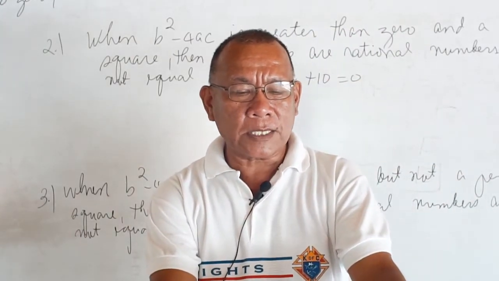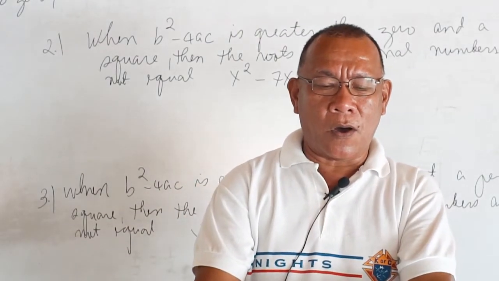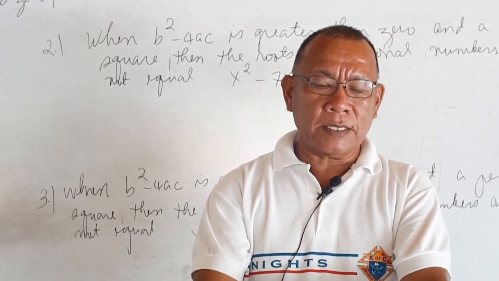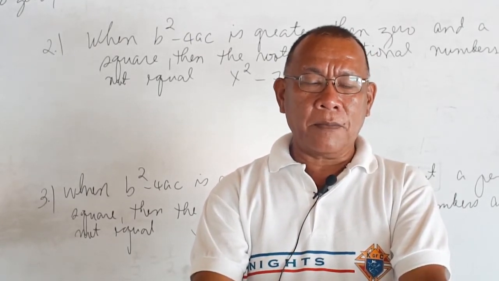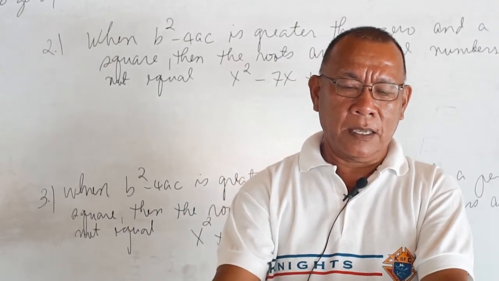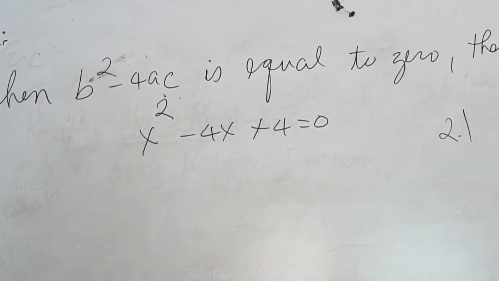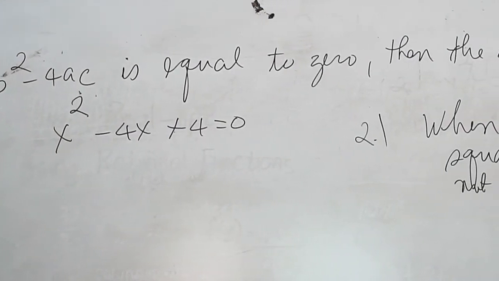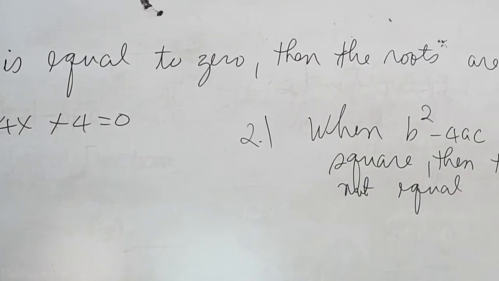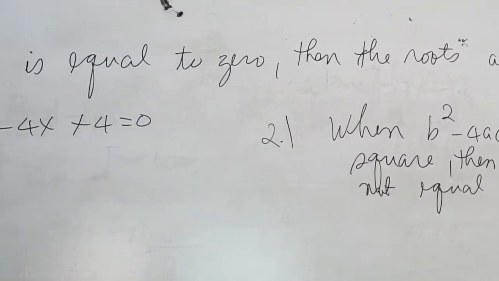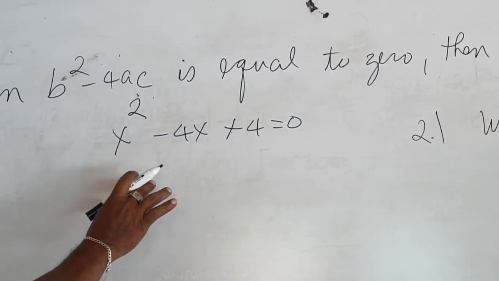The formula to describe the nature of the roots of a quadratic equation is b squared minus 4ac. For example, number 1: when b squared minus 4ac is equal to 0, then the roots are real numbers and are equal.